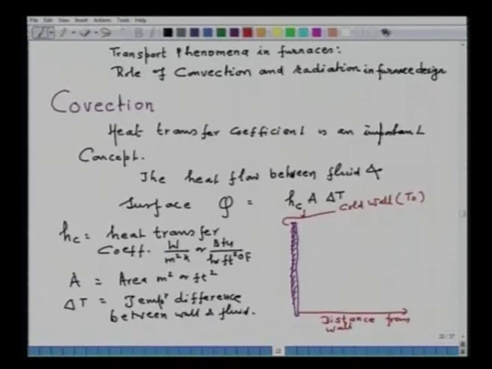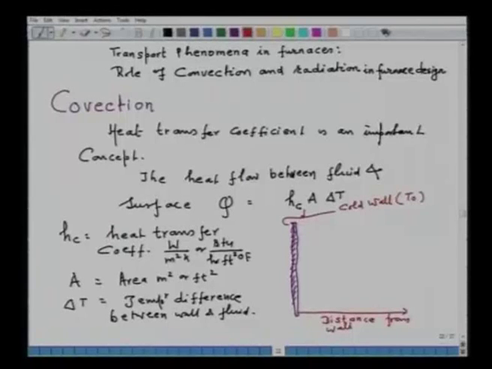So, as the hotter fluid comes in contact with this cold wall, which is at temperature T0, which is very much lower than the hotter fluid, then the temperature of the fluid immediately in contact with the wall decreases, and as such the temperature profile will look this particular way.